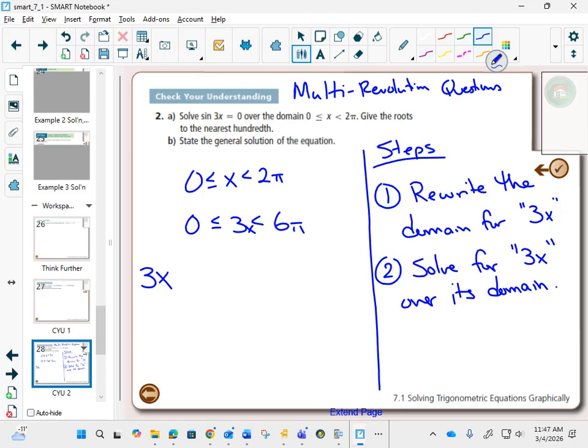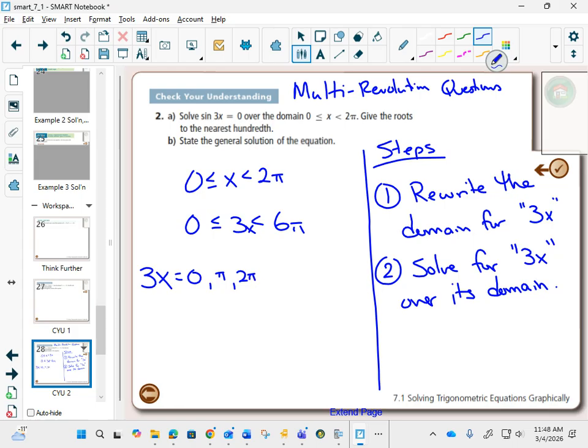It's a 3x, so we write 3x equals. Is sine ever equal to 0? Sine is your y-coordinate. When does that happen? At 0, that's your first one. Anywhere else? Yes, at pi. And all the way around, 2 pi. That's once around your circle.